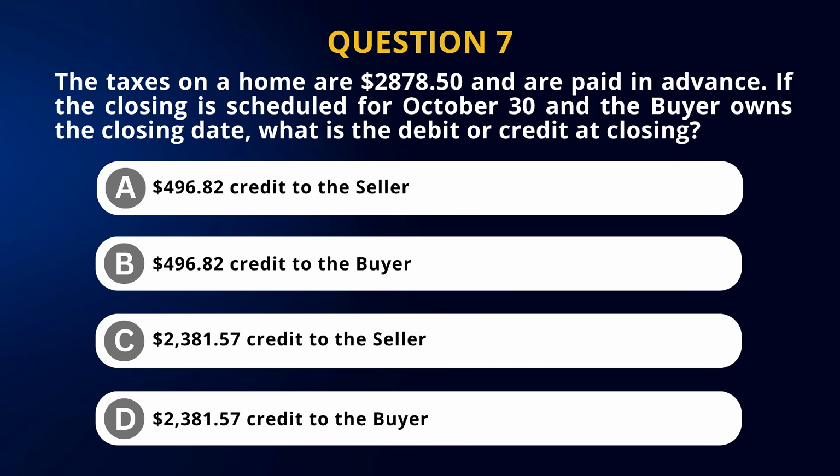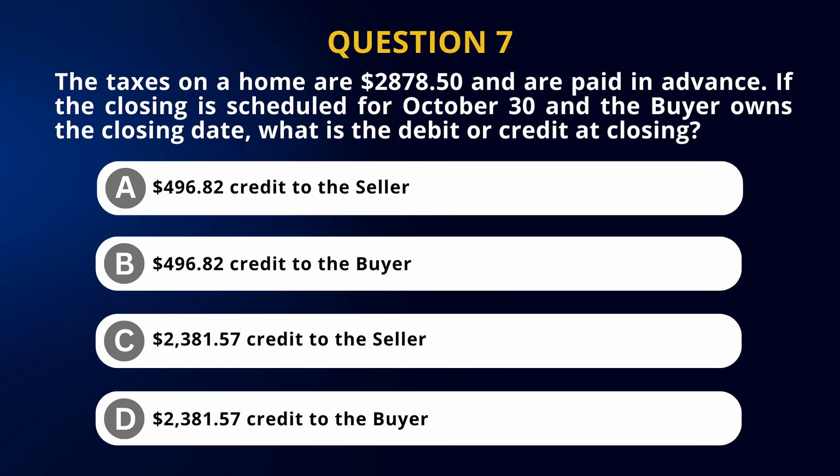Letter B, $496.82 credit to the buyer. Letter C, $2,381.57 credit to the seller. Letter D, $2,381.57 credit to the buyer.